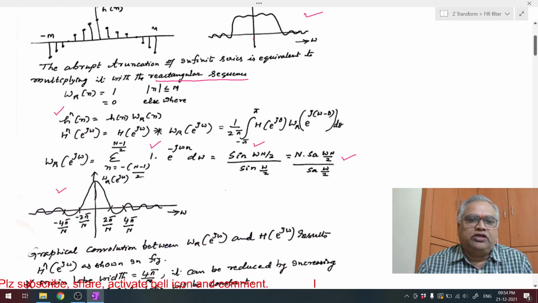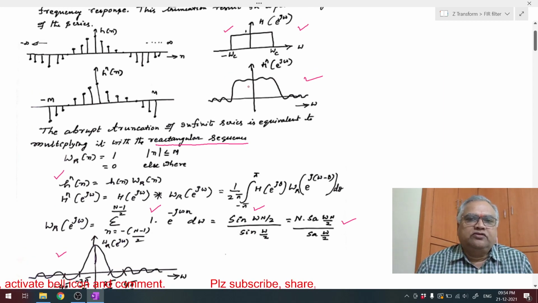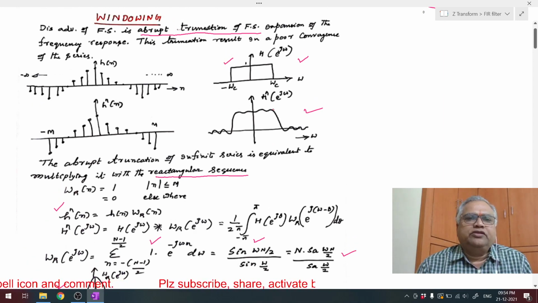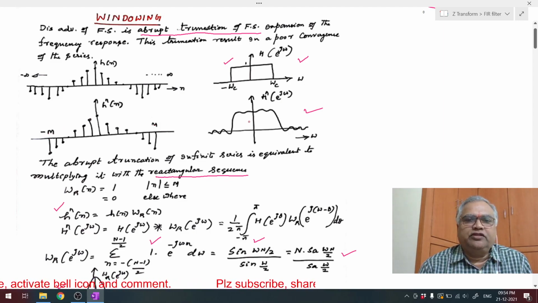When you do that, you will get this kind of answer. Basically, if you take values from minus infinity to infinity, you get a perfect shape. When we abruptly truncate from minus m to m, we get this.